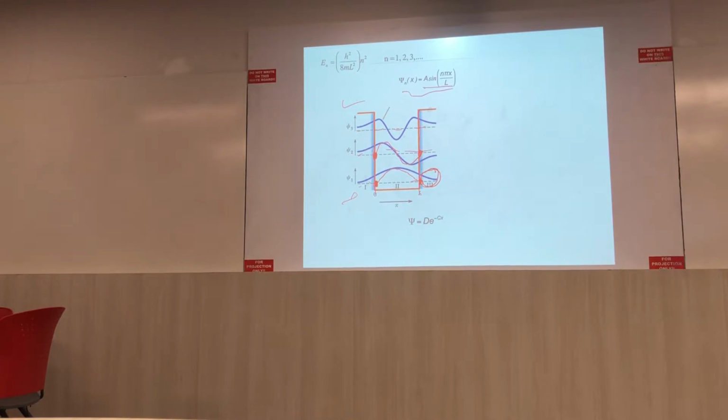Now, as you can easily see, we can define a wave function for this tail as this. The wave function is going to be exponentially decreasing outside the box, which also physically makes sense. It's going to be more difficult to find the particles outside the box.